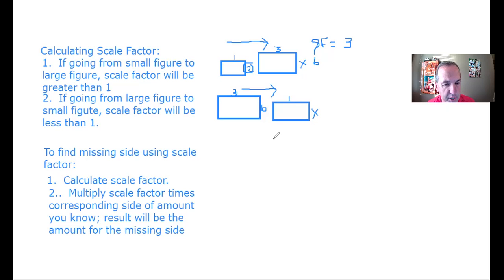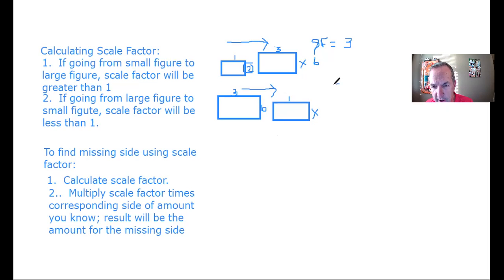So at first glance, you might say, well, I'm going to divide 3 by 1. But given your rule, you know that can't be right because my answer in that case would be greater than 1. So let's divide it in the other direction, see if that works. 1 divided by 3, that would be less than 1.